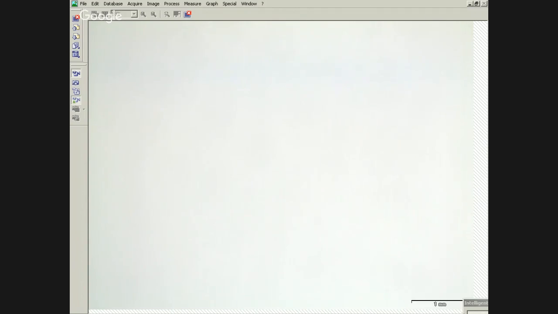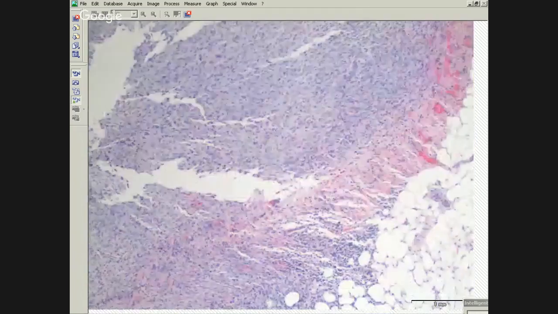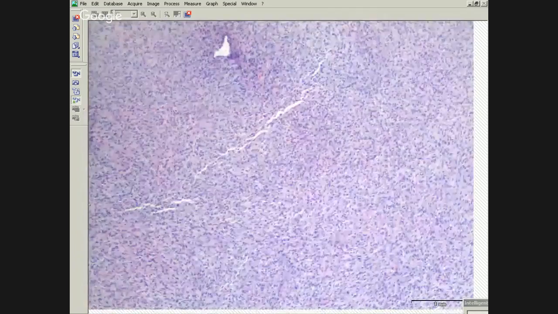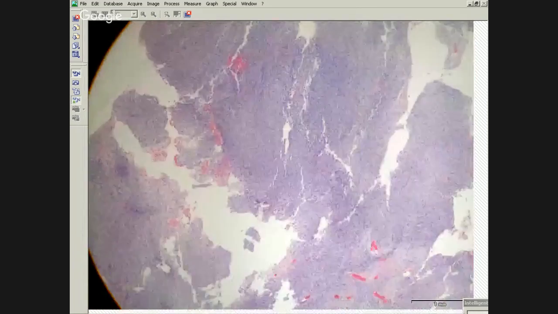CD99 and BCL2 are positive in synovial sarcoma and negative in mesothelioma, though again, not stains restricted to that by any means.